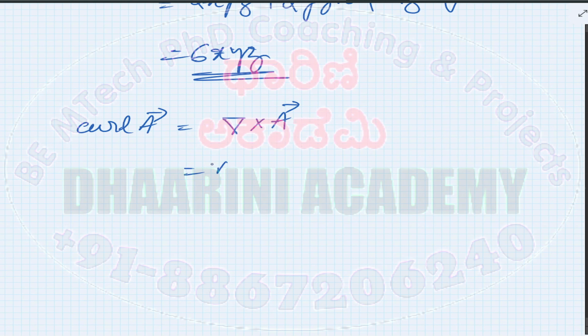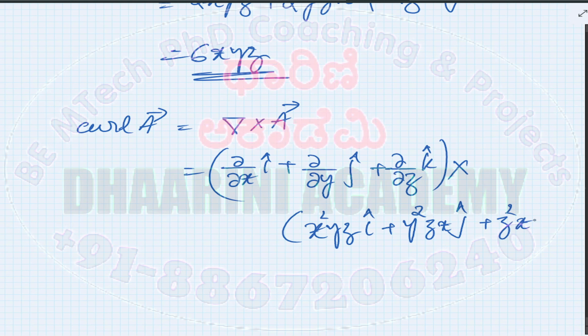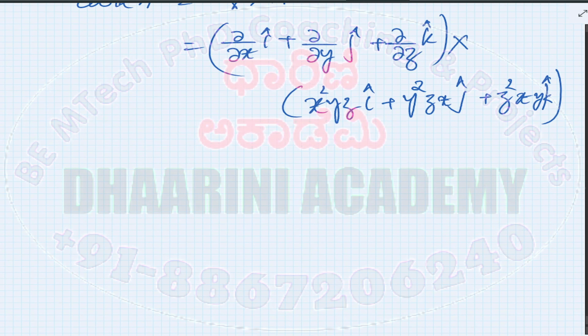Let me write the del operator as it is, so that we can simplify this further: ∂/∂x I cap plus ∂/∂y j cap plus ∂/∂z k cap, cross the vector x square yz I cap plus y square zx j cap plus z square xy times k cap.